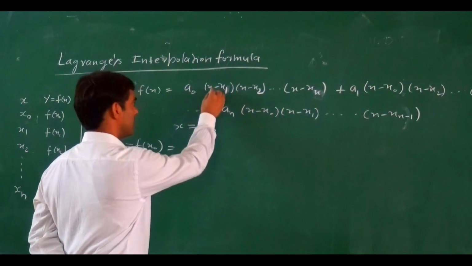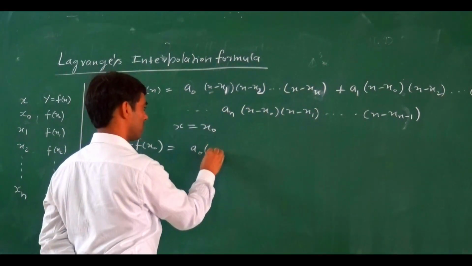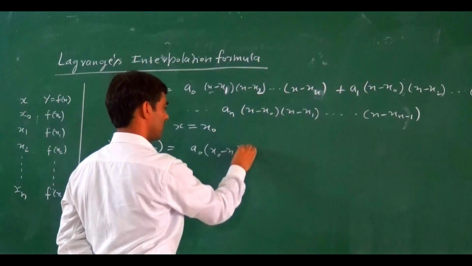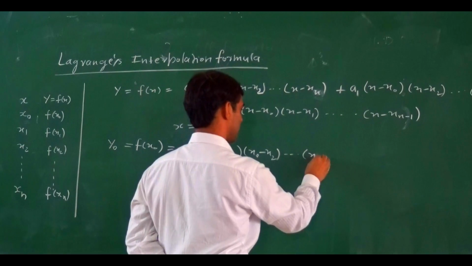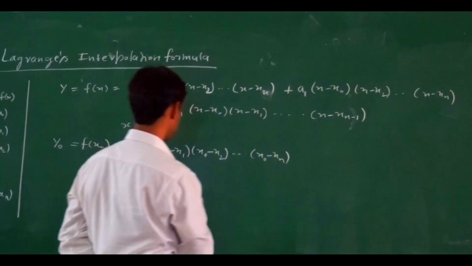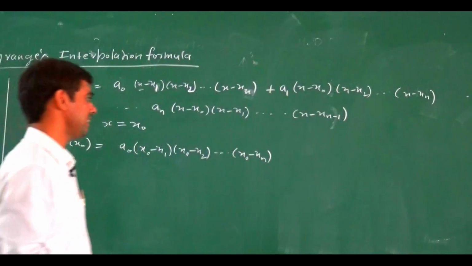This equals a0, where x becomes x0, so x0 minus x1, x0 minus x2 up to x0 minus xn. So what is the value of a0?